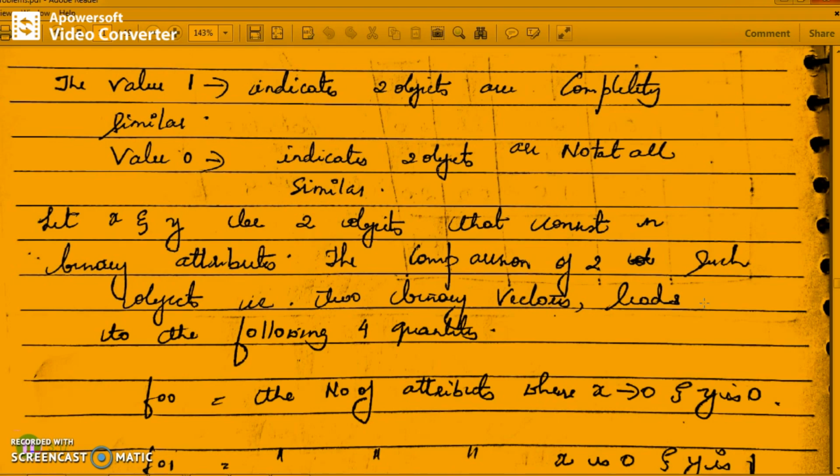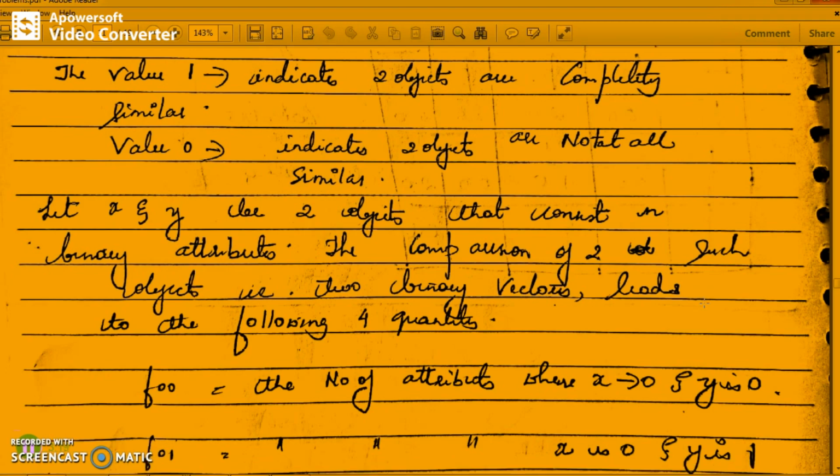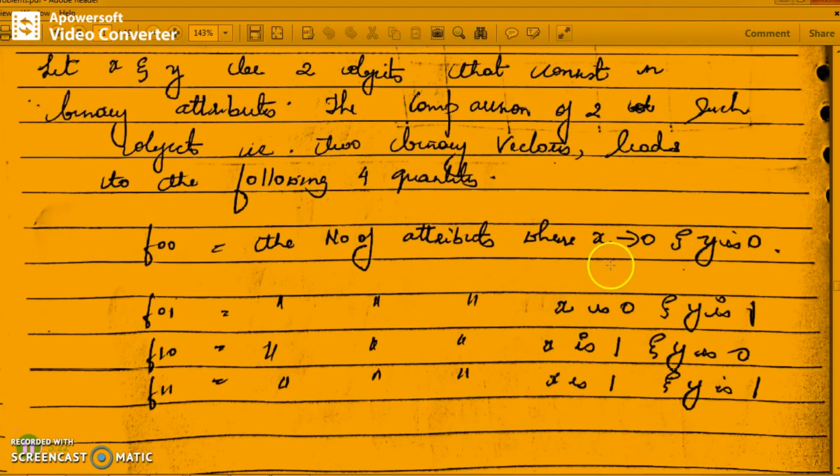In order to calculate the similarity, I take here 4 coefficients. So what are those 4 quantities or coefficients? You can see here, f00, f01, f10 and f11. These are the 4 coefficients that I take here to calculate the similarity between two objects which have binary values.